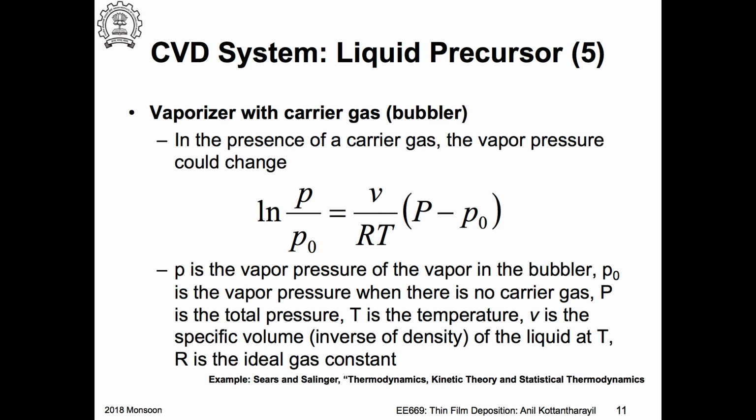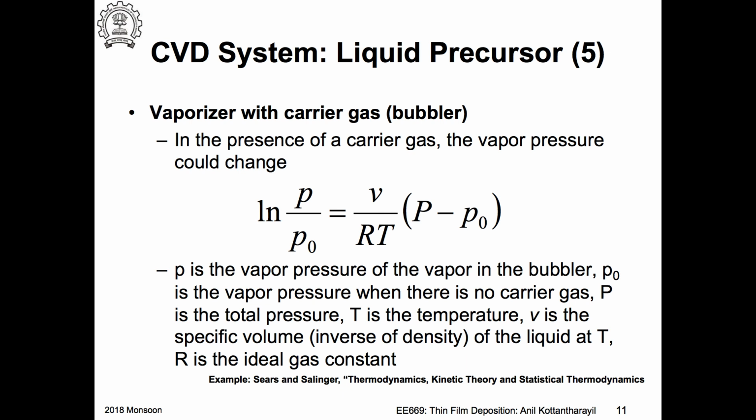But then, as you have a bubbler and you are passing this carrier gas, the pressure is going to change, because now molecules of this carrier gas are also going to come there. That would modify the pressure, and this is the equation.